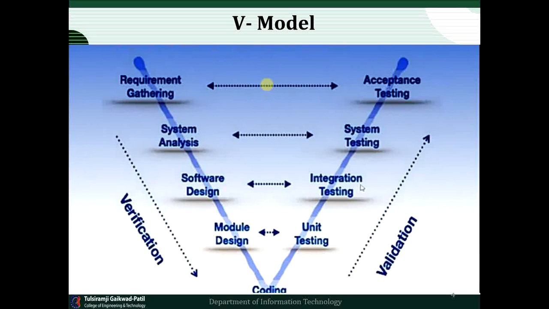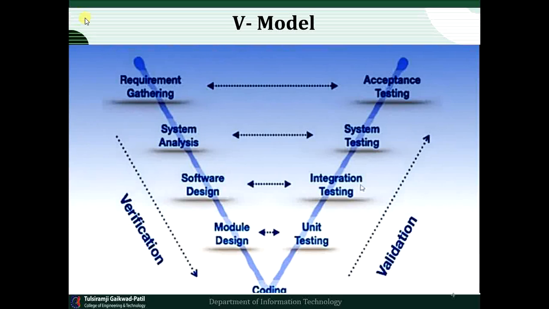According to those requirements, once we gather them, we have to design different types of test cases on the basis of the requirement phase. So here the requirement gathering process is completed. After that, we are going to perform acceptance testing in parallel, that is, we design the different types of test cases.